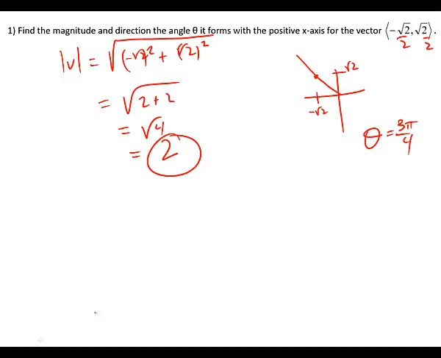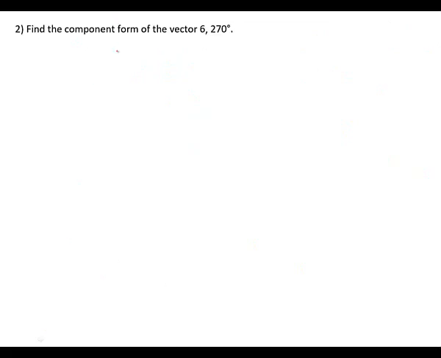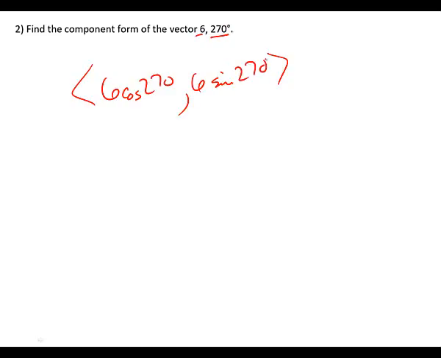2. Okay, so component form, remember we basically do a trig times that. What trig always goes in the x spot? Cosine. And what trig always goes in the y spot? Sine. So 6 cosine 270, 6 sine 270. Plug it into your calculator, get the decimal. And it has to be in degrees, right? I think so. I don't know. I did it in radians. Maybe it'll be multiple choice, and then you'll be able to figure it out.